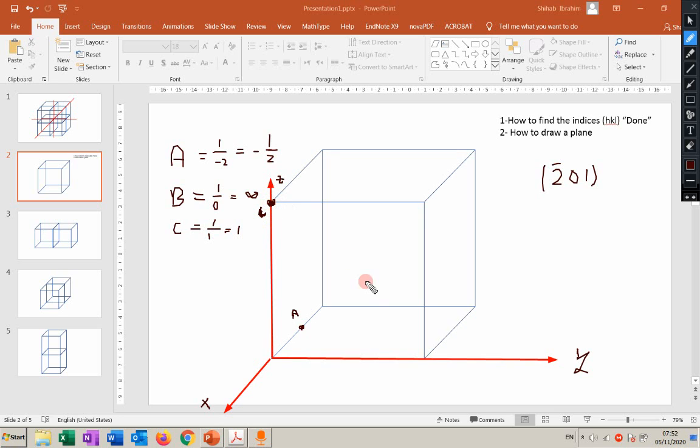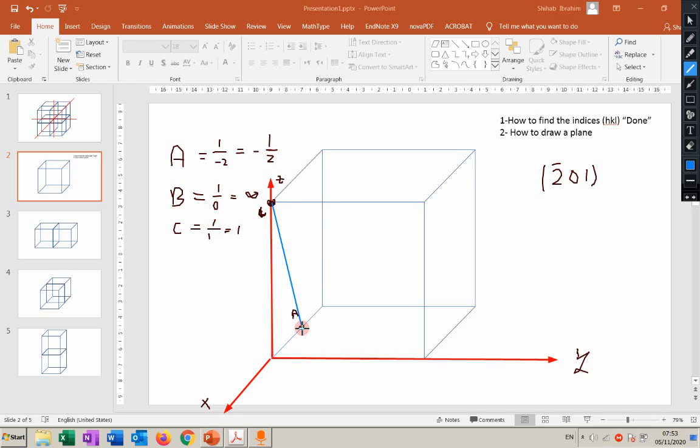This is 1. Now, the only line I can draw here is this one, and that's enough. Why? Because we know that this plane is going to be parallel to y. So first connect those two, because we know they have infinity with B, and B represents the intersection with the y-axis. So we're going to draw two lines at point A and point C parallel to y.